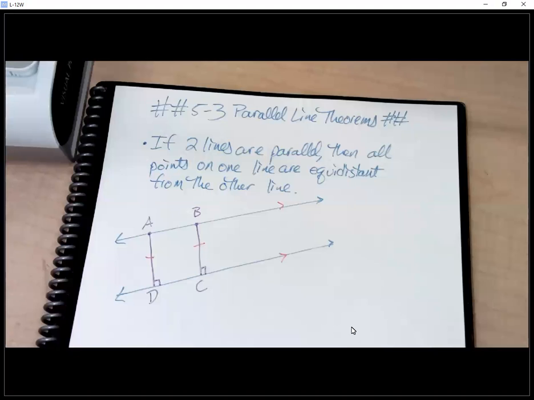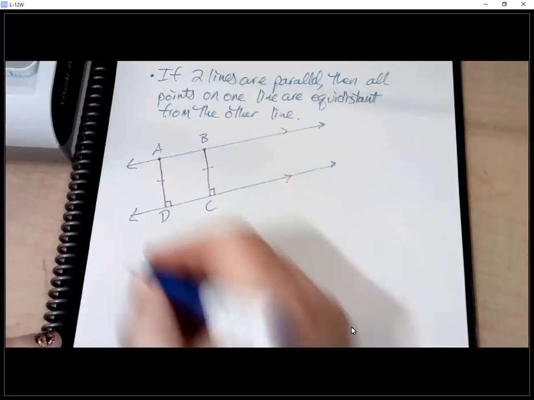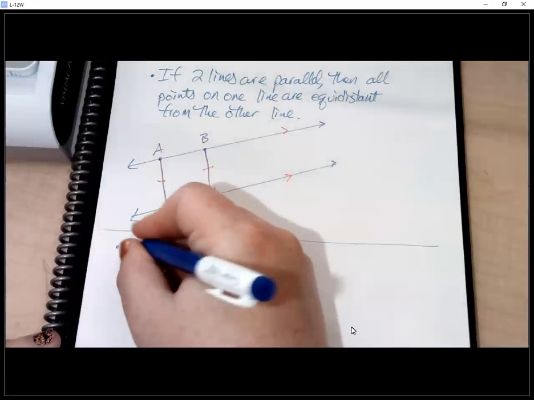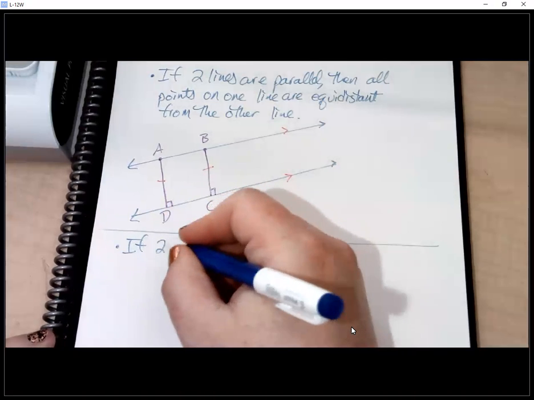All right, cool. The next one. The next one tells us, this one's so neat. I like this one a lot. If three parallel lines, three, not two.